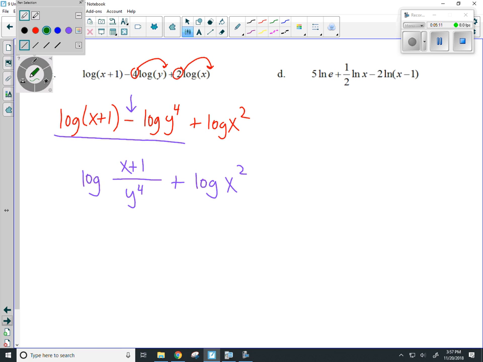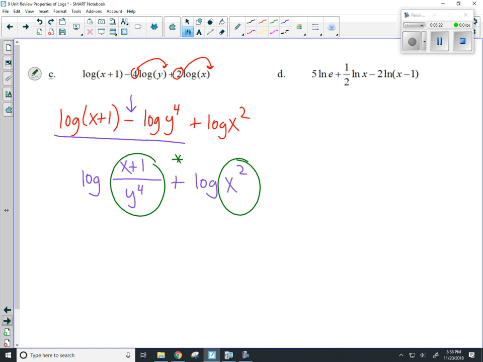So the last step with this is going to be put these two logs together, and these two are going to go together because of this plus sign with multiplication. Now, the biggest mistake people make on this is they put the x squared in the wrong spot. So remember, x squared, if you were to write it as a fraction, would be x squared over 1. So that should help you know that when you multiply these together, these become your numerator, and this becomes your denominator.